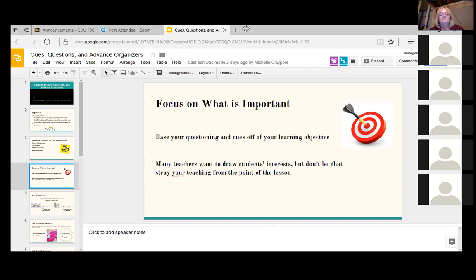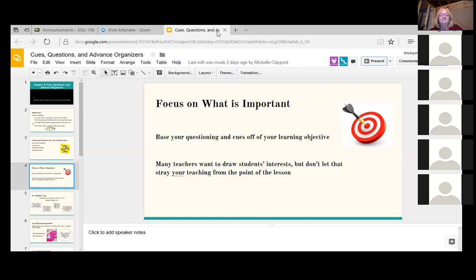Yes. Okay. So focusing on what is important is pretty easy if you think about it. You already are probably making learning objectives for your students for each lesson. So base your questioning off of that. Use that to guide the beginning of your lesson.